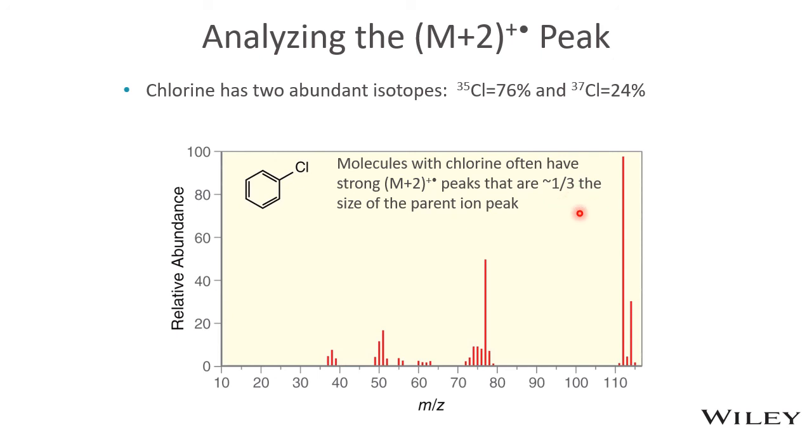peak. So for instance, in chlorobenzene, we have our molecular ion peak. Then if we look here, this peak has a mass 2 greater than the molecular ion peak. So this is our M+2 peak.